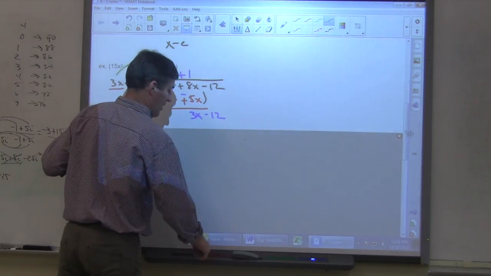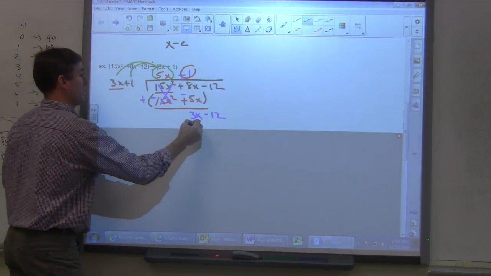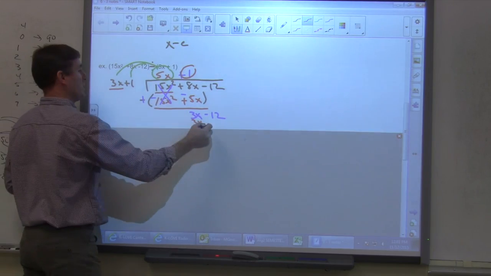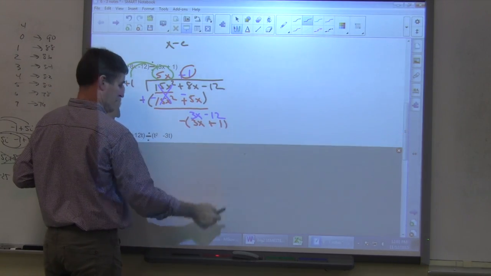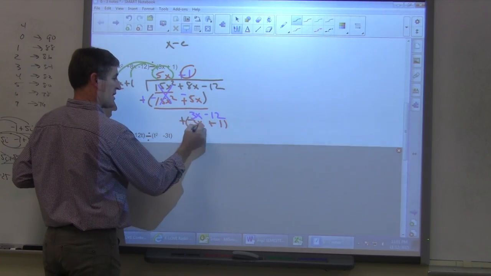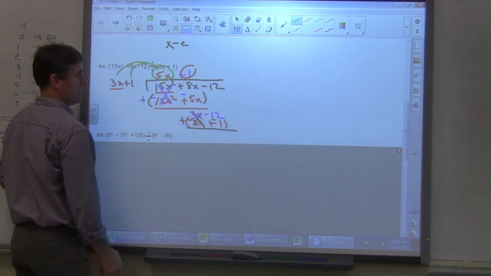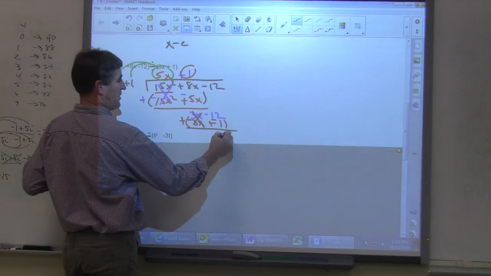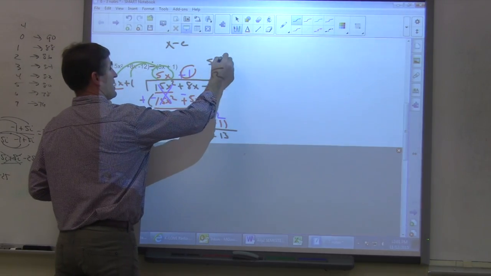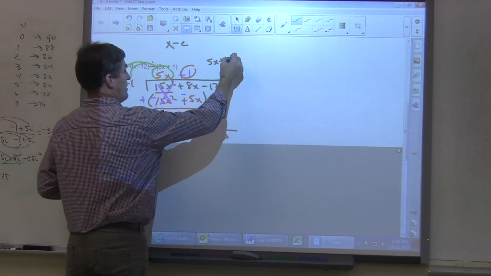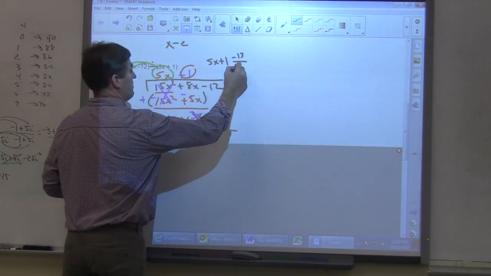So now I'm going to take that 1 and distribute it. 1 times 3x is 3x. 1 times 1 is 1. Again, we're going to subtract the whole thing. So I'm going to change the signs and add. Opposites will always cancel. And we get negative 13. So my answer is 5x plus 1 minus 13 over 3x plus 1.